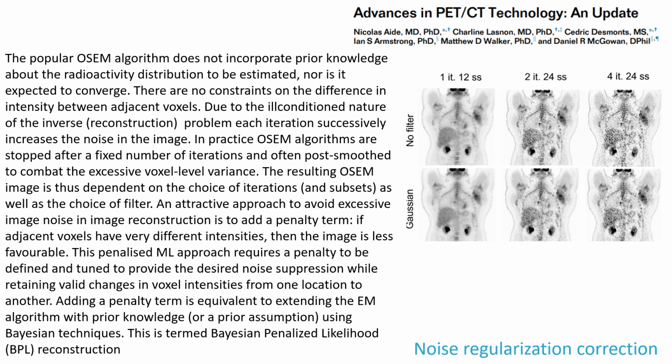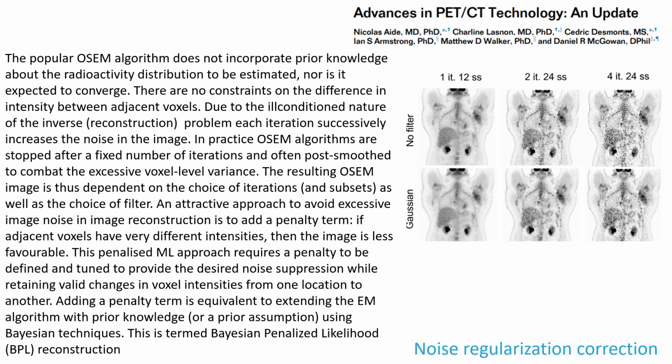In practice, OSEM algorithms are stopped after a fixed number of iterations and often are post-smoothed to control the high voxel level of variance. The resulting OSEM image is thus dependent on the choice of the number of iterations and subsets, and also on the choice of the filter.